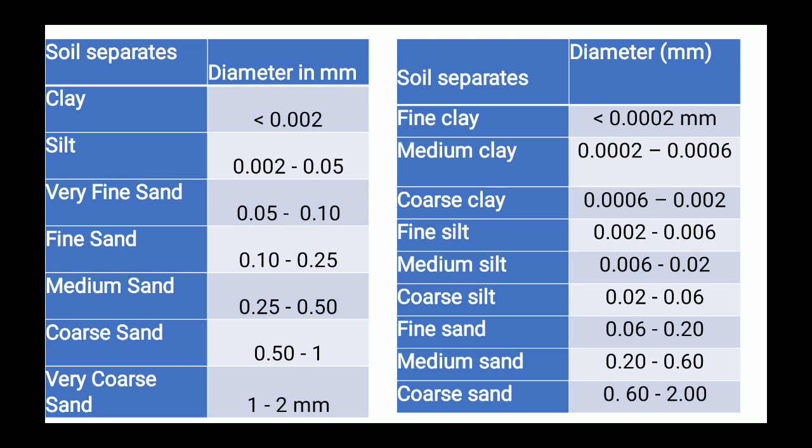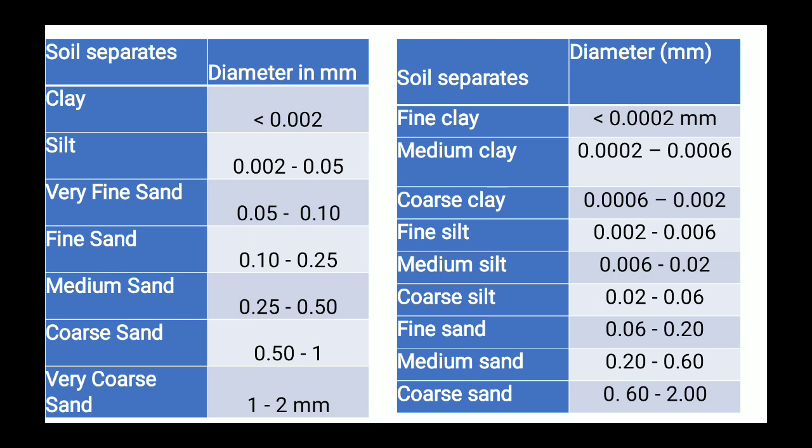For the soil separates, clay has a diameter less than 0.0002. Then silt has 0.0002 to 0.05 diameter. The very fine sands have 0.05 to 0.10 diameter.